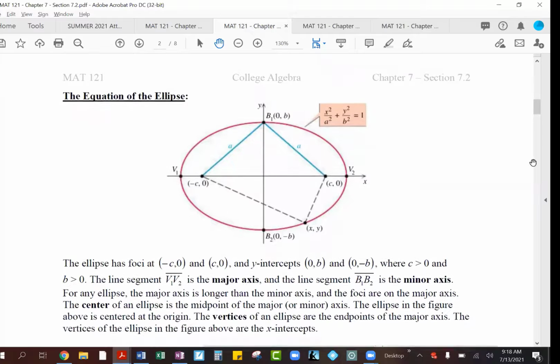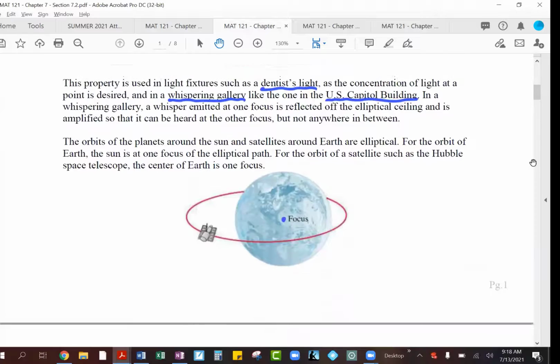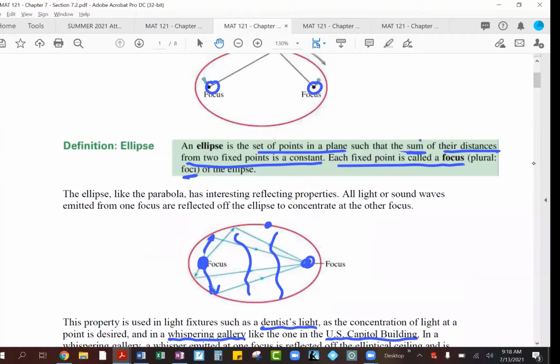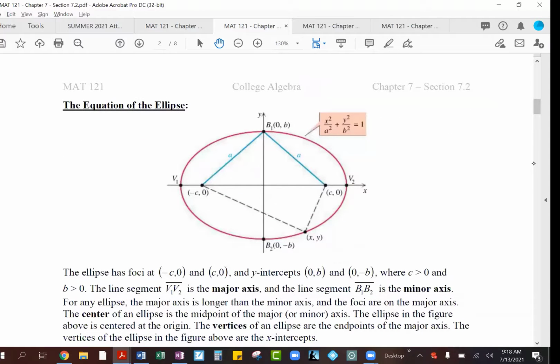So the equation for the ellipse, because remember how they told us that the sum of the distances is constant. So you will actually have, as you can see over here, an addition formula. In this case, again, these are our two focus points.